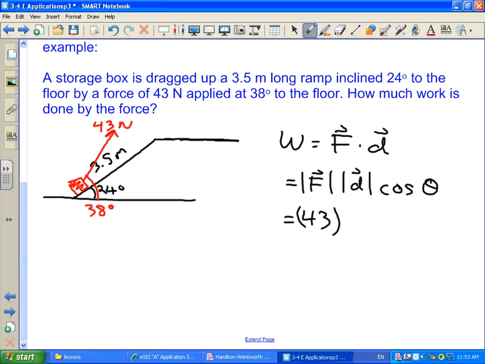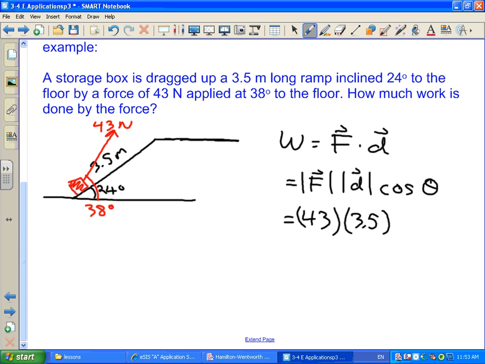What's the magnitude of the displacement experienced here in this question? How far does this thing move? 3.5 meters, yep. Okay, distance up the ramp, okay.